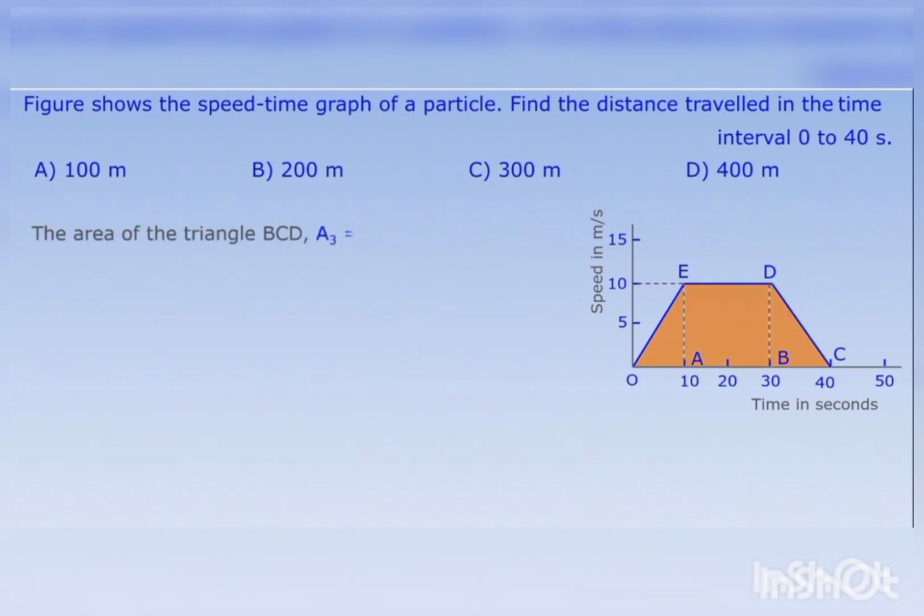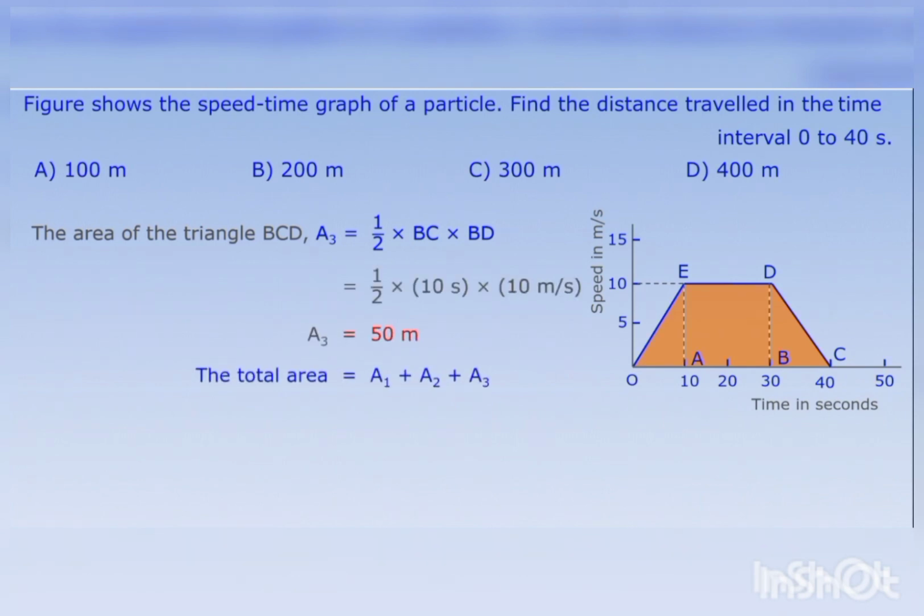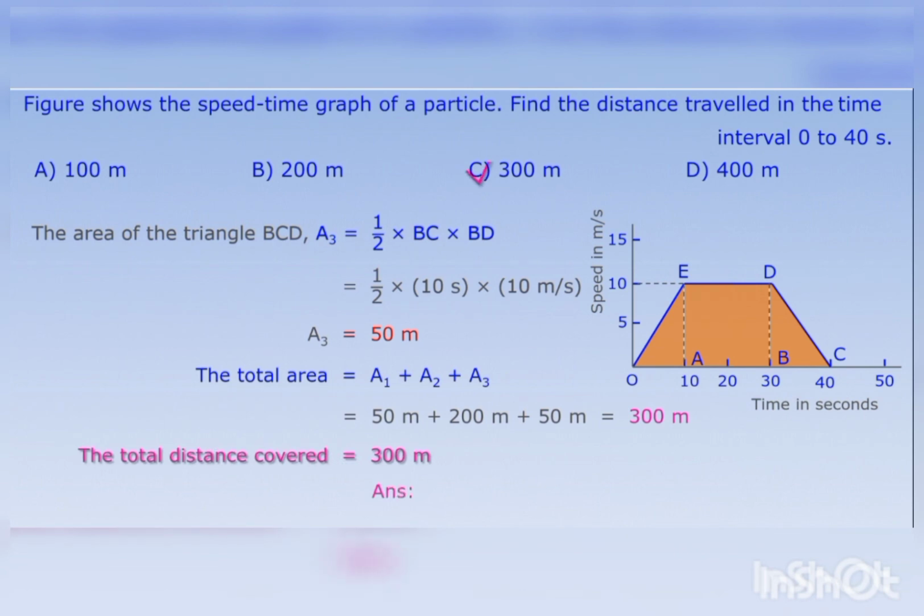In section 3, the area of the triangle BCD is equal to 1 upon 2 base into height, equal to 1 upon 2 into 10 into 10. Area is equal to 50 meter. So the total area is equal to A1 plus A2 plus A3, which is equal to 50 meter plus 200 meter plus 50 meter, equal to 300 meter. So the distance covered by the particle is equal to 300 meter. So option C is the right answer.